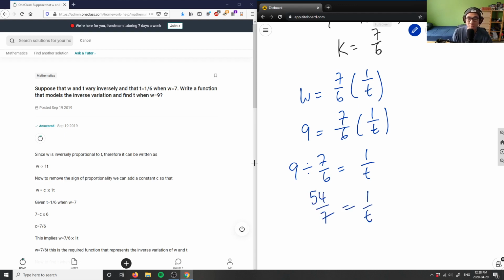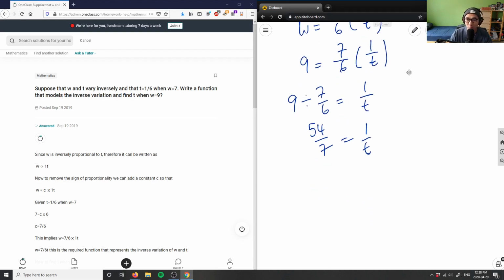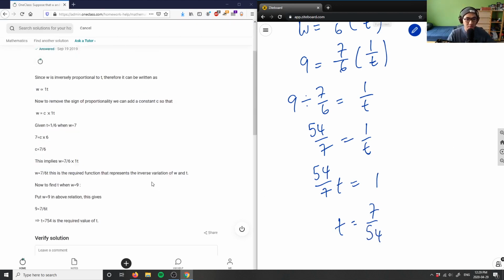Finally, I could bring t to the other side, and this would be 54/7 times t equals 1. And finally, I can divide both sides by 54/7. So t here would give me 7/54, and this would be my answer for t.